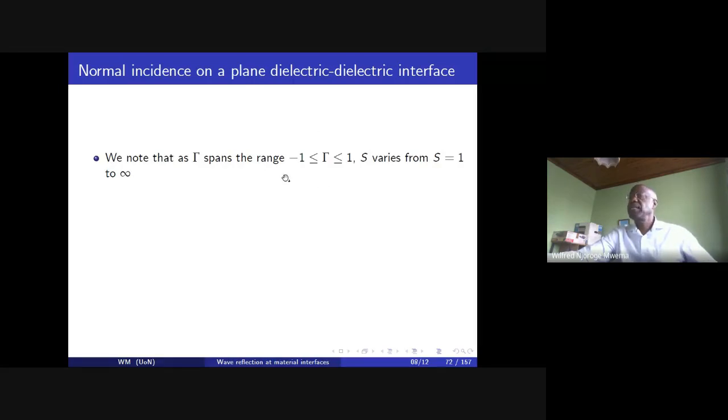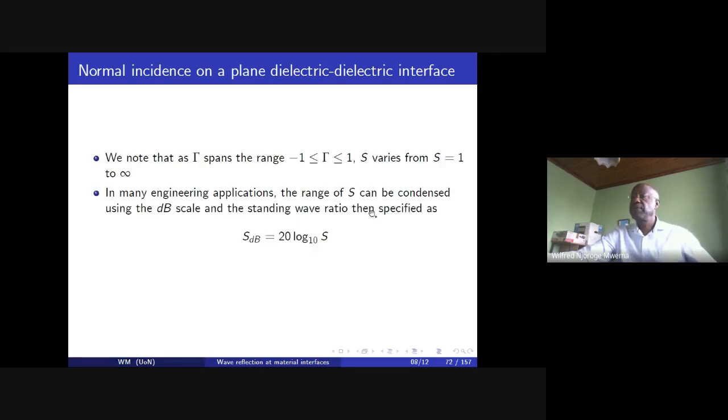And therefore in engineering, we usually redefine this S and specify it in terms of the decibel scale. We give S in the dB scale as S dB equal to 20 times the logarithm to base 10 of the computed standing wave ratio.